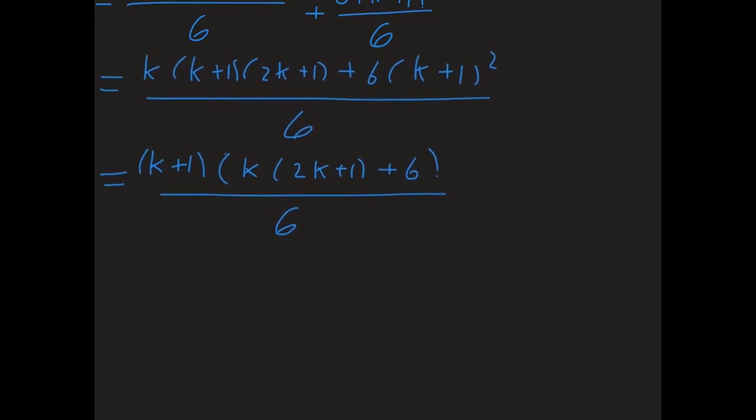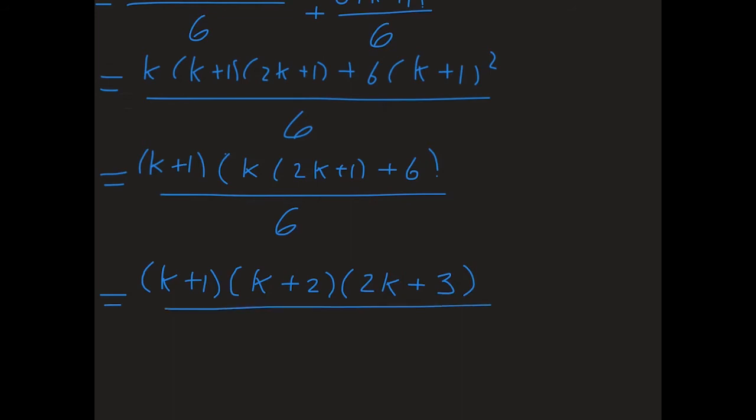So this is equal to k plus 1 times k plus 2 times 2k plus 3 over 6. Let me do some algebra. This is what I wanted.